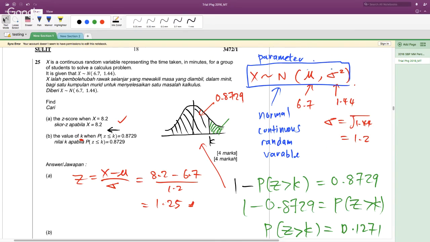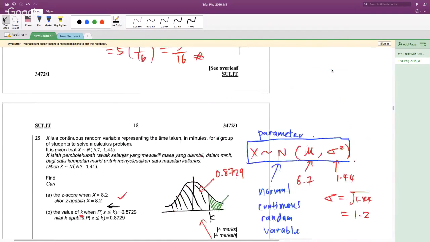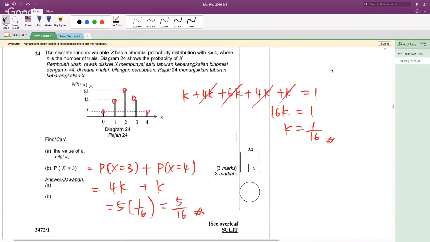So yeah, thanks for that. I just got it. Question 24b, where do you get 4k plus k? Oh, where do I get it from? From the table itself. Because for x equals 3, you focus on the 3 here. X equals 3, that means you will get this probability. This probability should be 4k, isn't it?